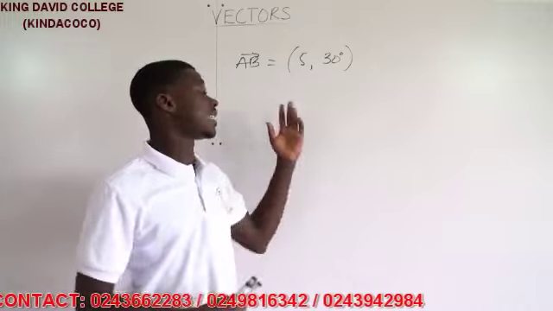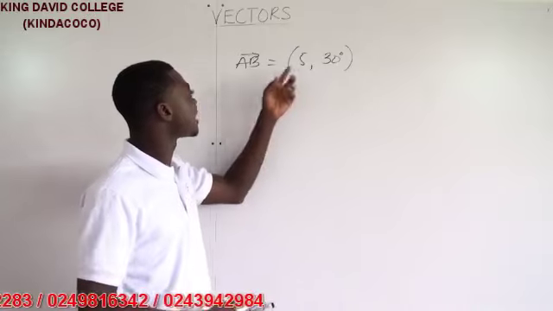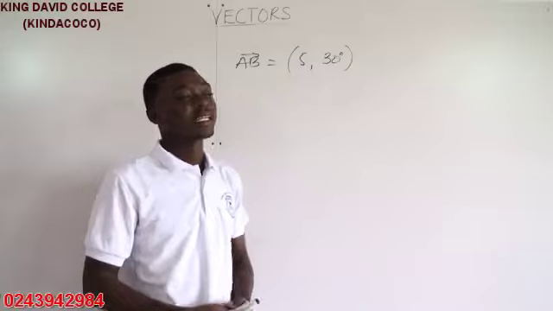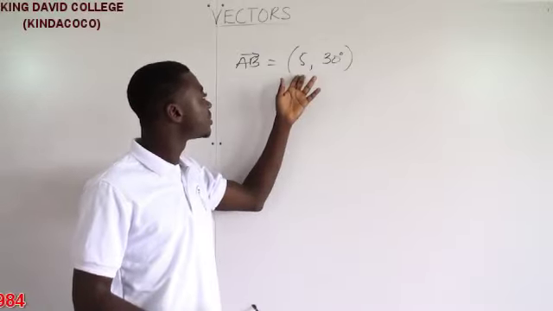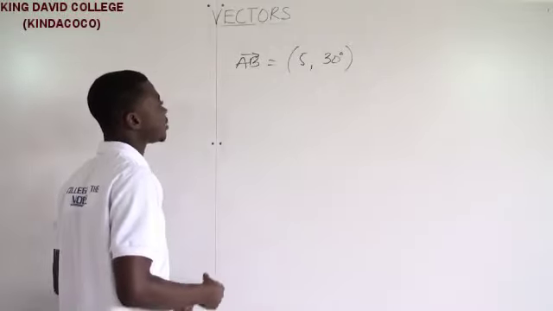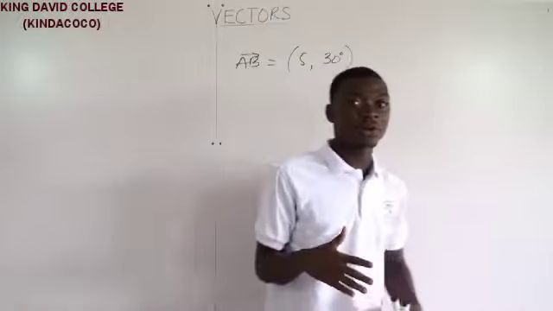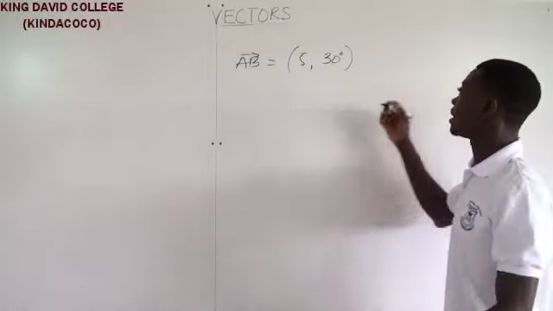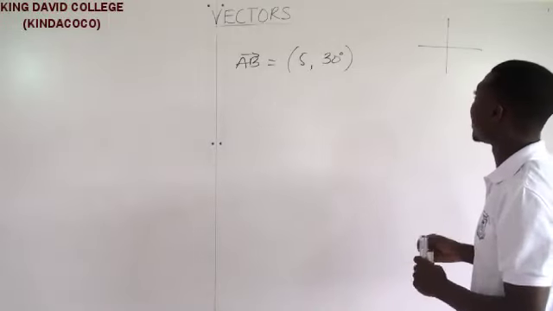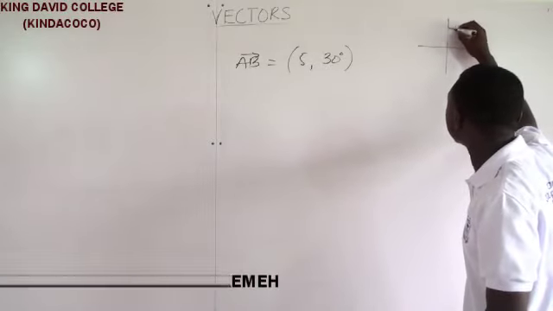So if it's 5 and 30 degrees, what do I do? Because we can't say 5 is my x and then this is my y. No. They are rather giving me the magnitude and then the direction. So if they're giving me magnitude and direction, I need to resolve it into x and y components. Now, there are two ways you can go about this. First, you can draw this. You can draw this and then know that this is always read from this place.